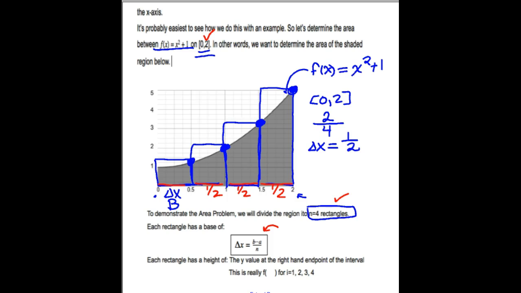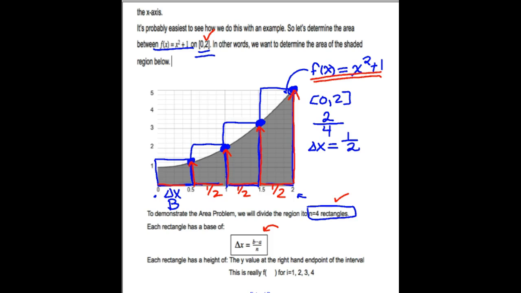Well, we could find the area of all these rectangles if we could then get their heights. But you'll notice that since I drew them so the right side always hits on the curve, their heights are the y values at each of those dots, or the f of x at each of those 4 places.